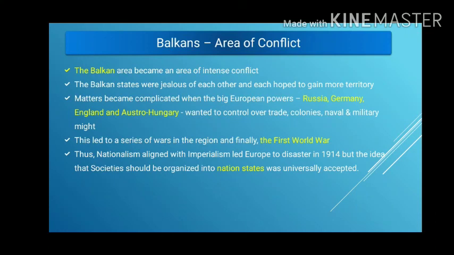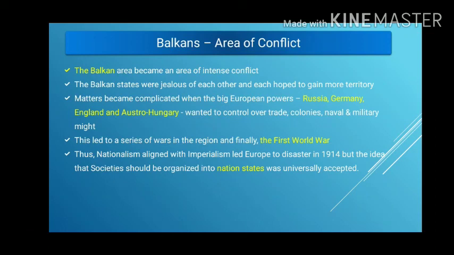Matters became further complicated because the Balkans also became the scene of big power rivalry. During this period, there was intense rivalry among the European powers over trade and colonies, as well as naval and military might.